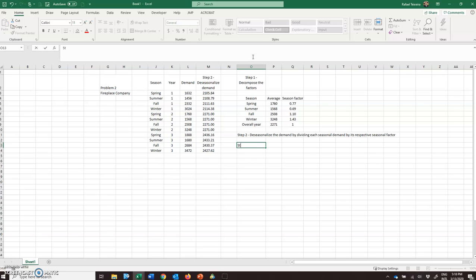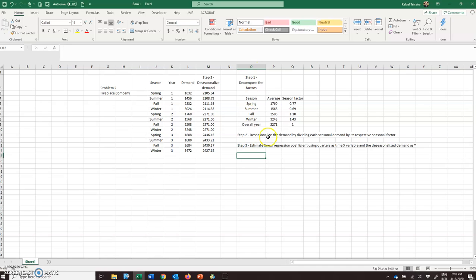Now comes step 3. Step 3 is estimate linear regression coefficients using quarters, in this case quarters, as the time x variable, and the seasonalized demand as our y variable or dependent variable.